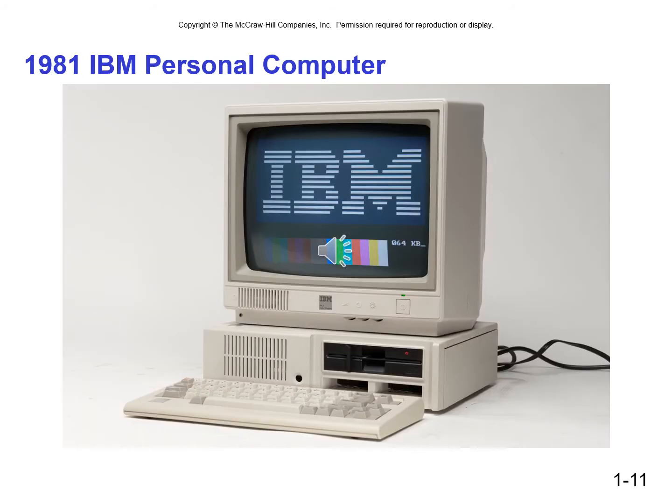And here is the original IBM PC, personal computer, which coined the term PC, which we still use today. My high school had one that they got through a grant, and it was used by the computer club.